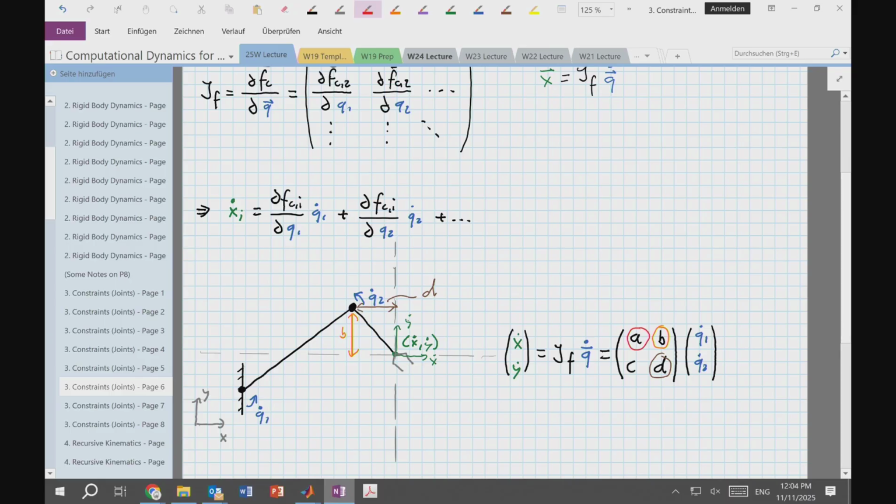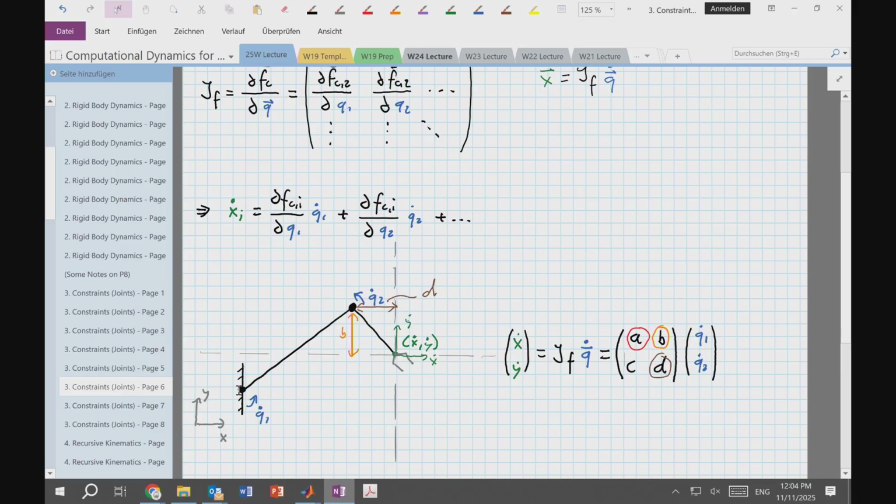And a? Would that be q2? No. So a now gets multiplied with q1 dot. To reason about what a does, we have to think about this basically setting q2 dot to 0 and only allowing motion about q1 dot. So I now freeze that joint and allow motion about this joint.